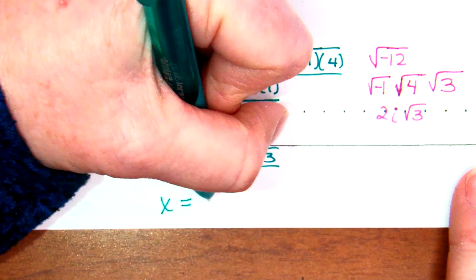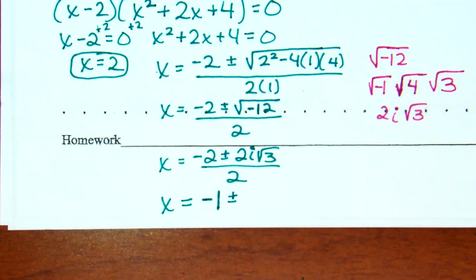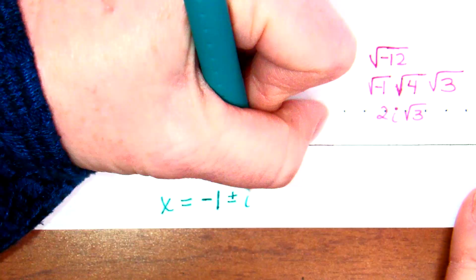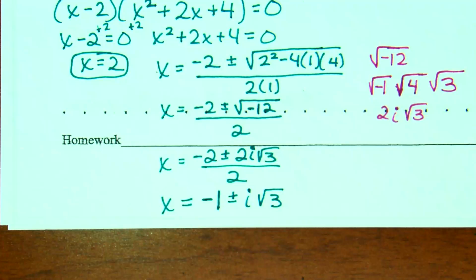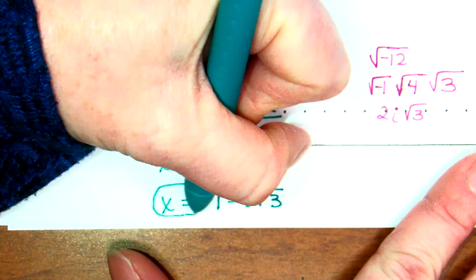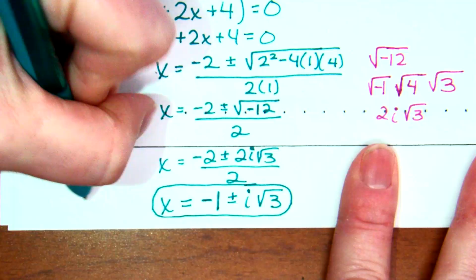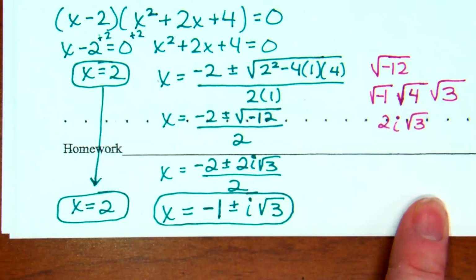So we have negative 1 plus or minus i square root of 3. And, don't forget, we had an answer of x equals 2. How many answers did I end up with? 3. Because negative 1 plus i radical 3, negative 1 minus i radical 3, and 2.